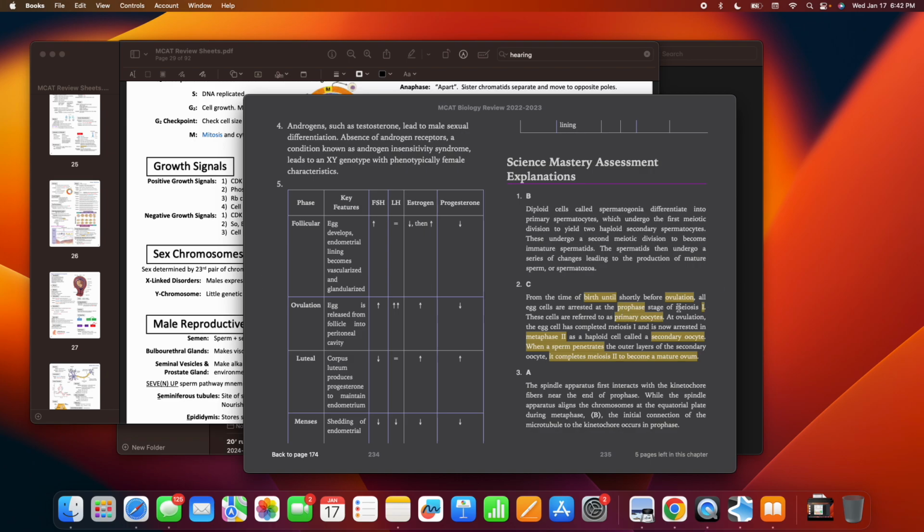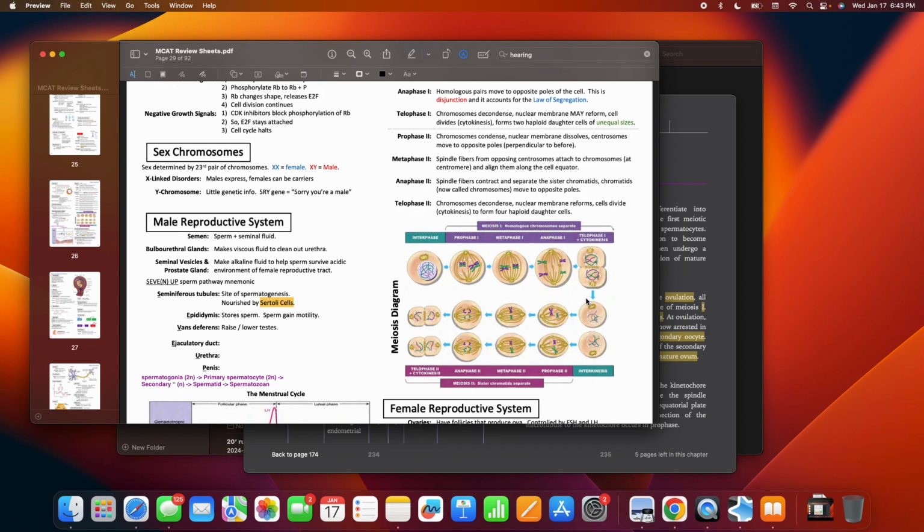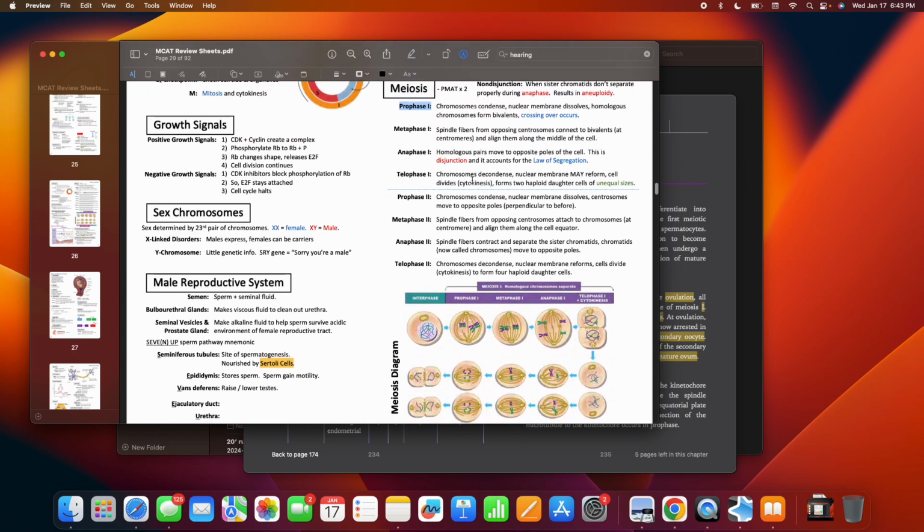These are primary oocytes, and then at ovulation, the egg cell has completed meiosis 1 and is now arrested in metaphase 2. So we have the chromosomes meeting in the middle. At ovulation, they stay here before separating, right? And you can see here that it is in telophase that the disjunction takes place, basically, right?